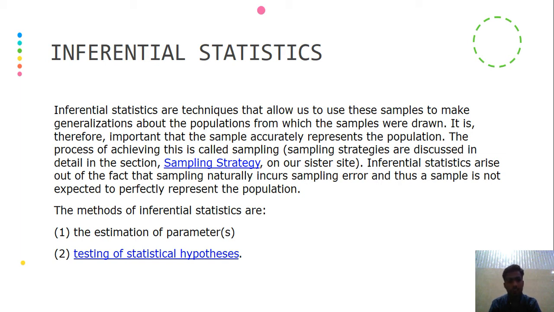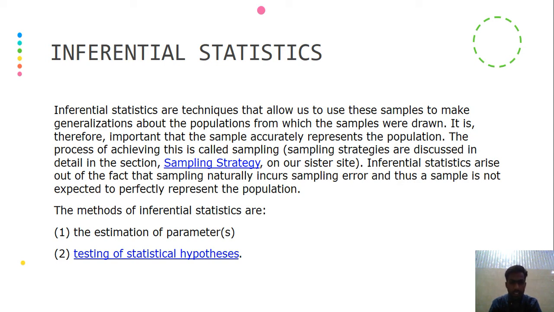Sampling strategies are discussed in detail in the sampling strategy section on our site. Inferential statistics arise out of the fact that sampling naturally incurs sampling error, and thus a sample is not expected to perfectly represent the population.